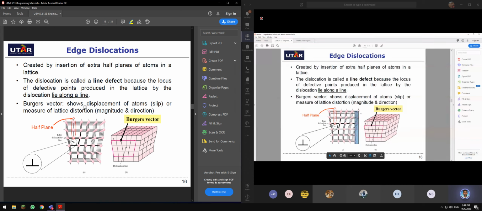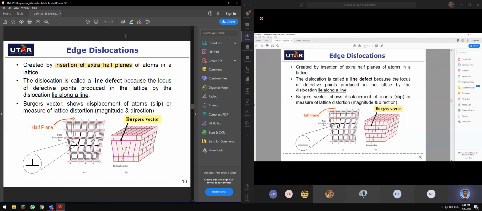That is perfect, right? Suddenly, you insert a new lattice plane. What happens? It tends to bulge this region. So this is your edge dislocation line, and this is the half plane that you have inserted.